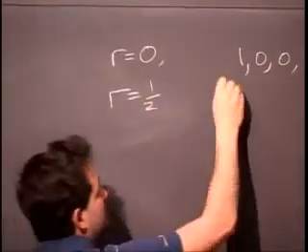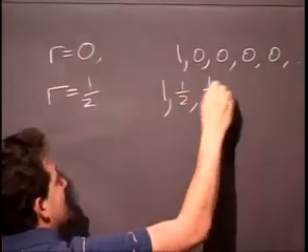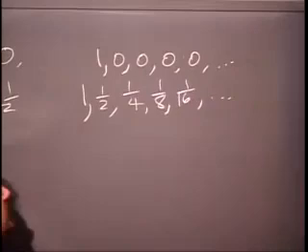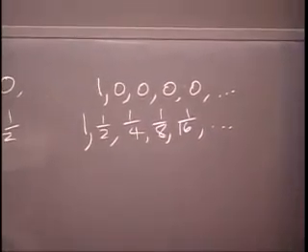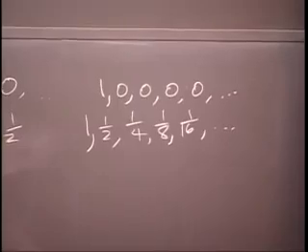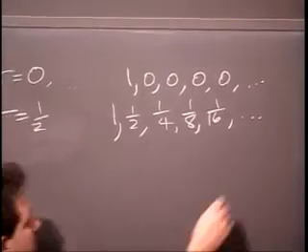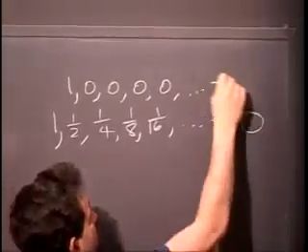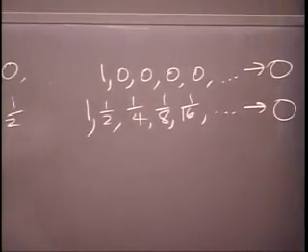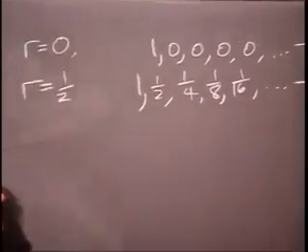Well, then the sequence is 1, 1/2, a quarter, an eighth, a 16th, and so on. So powers of 2 on the bottom. That seems to converge down to 0. I should have said the first one obviously converges to 0. Apart from that first term of 1, all of the terms are 0, so they go to 0.